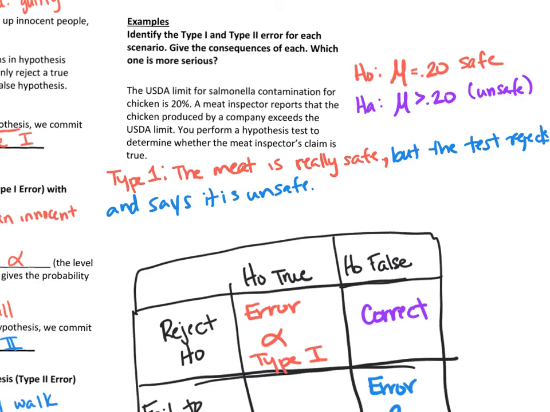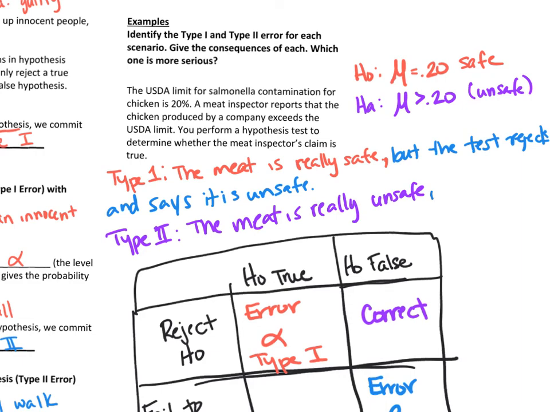In a type 2 error, the null is really false. So that means that a false null would be that the meat is really unsafe.